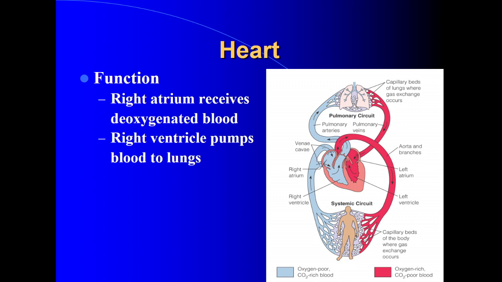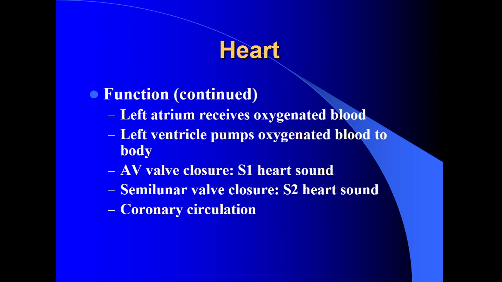Function of the heart: the right atrium receives deoxygenated blood, the right ventricle pumps blood to the lungs. The left atrium receives oxygenated blood, the left ventricle pumps oxygenated blood to the body. Atrioventricular valve closure is the first heart sound, semilunar valve closure is the second heart sound.